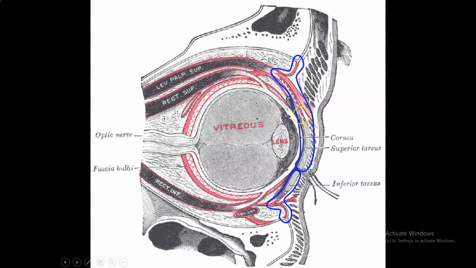When you close the eye, it separates the globe from the external atmosphere, from the fascia, the fat and the subcutaneous tissue of the face, protecting it from infection. And you see behind the globe, surrounding the globe, from the corneal limbus posterior to the optic nerve, the fascia bulbi.